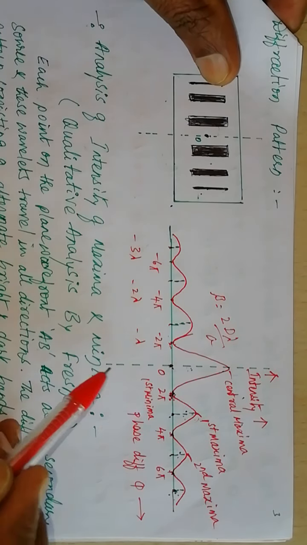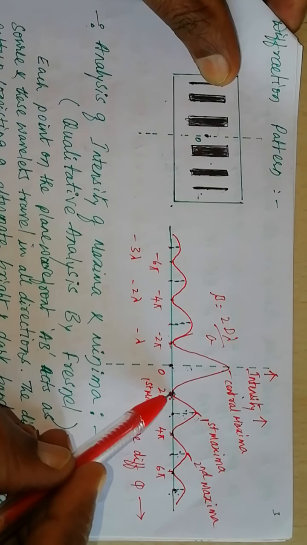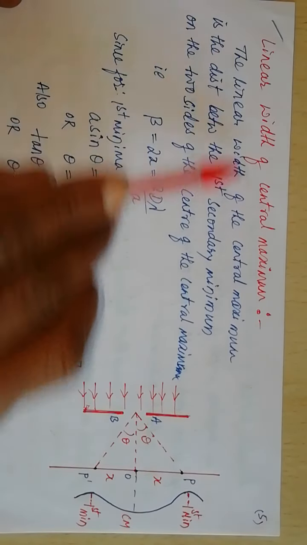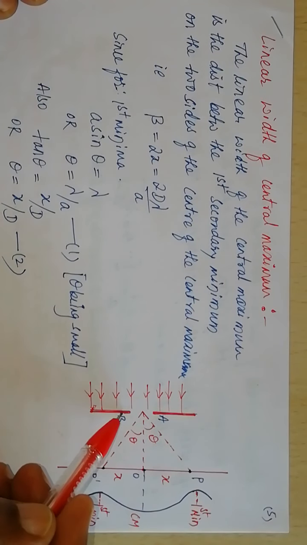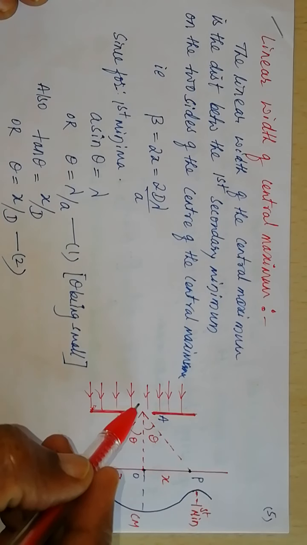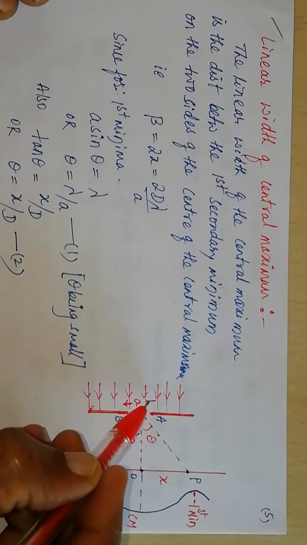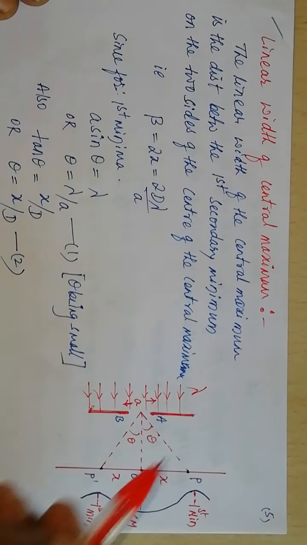So today we discuss the angular width of a central maxima as well as the linear width of a central maxima. First, the linear width of a central maxima. Here AB is a rectangular slit of width a, which is illuminated with monochromatic light of wavelength lambda.